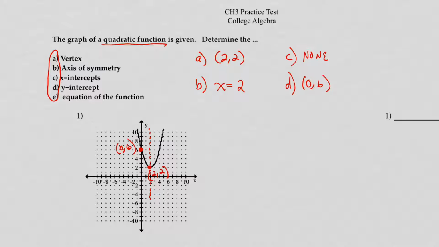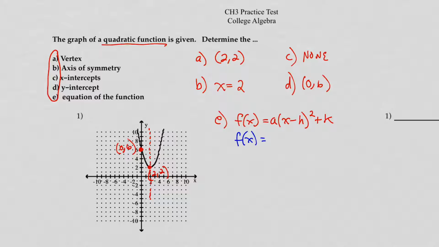Okay, and the last thing is, what is the equation of this function? Remember, vertex form looks like this: a times x minus h squared plus k. All right, and so we have everything we need.